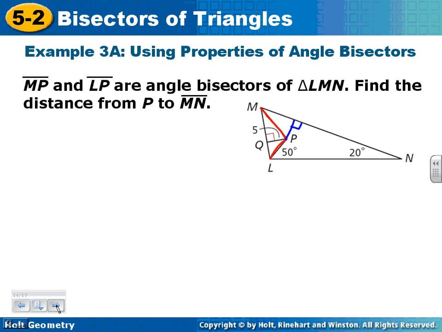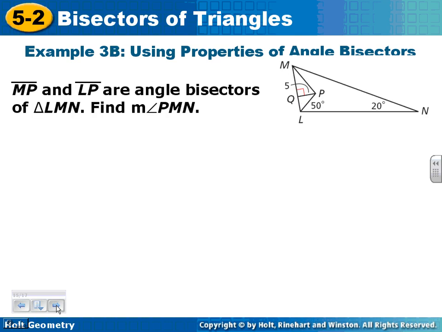So what's the length of that blue? It would be the same as P to Q, which is 5. So my answer is 5. If I went ahead and drew it in down to here, like this, that answer would also be 5. So all three of those blue marks would be equal, 5.